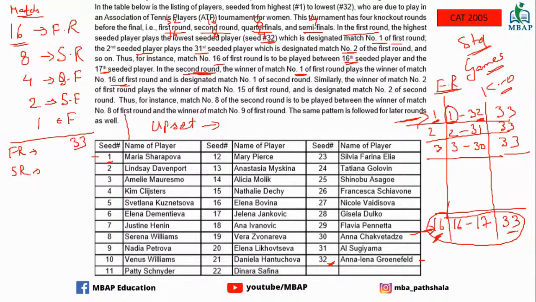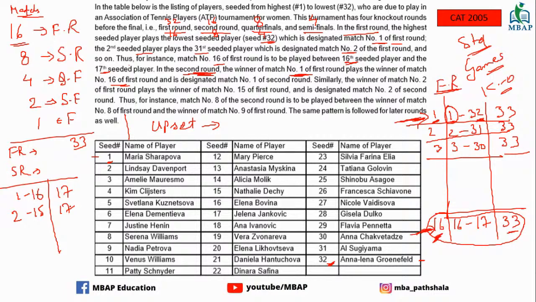So in the second round, the winner of match 1 will play against the winner of match 16. That total is always going to be 17. Similarly, the winner of match number 2 is going to play the winner of match number 15, which is again 17.